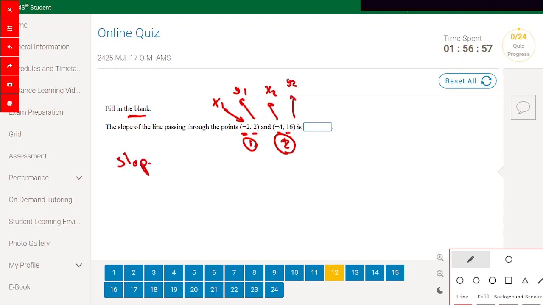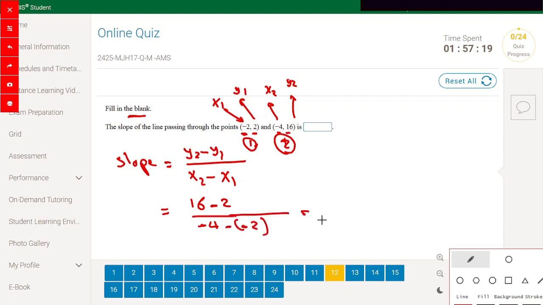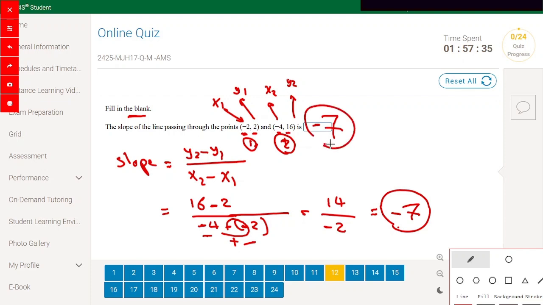So the slope equal to y2 minus y1 divided by x2 minus x1 will be equal to 16 minus 2 divided by minus 4 minus 2. So this one will be 14, and minus 4 minus 2 is minus 6. So it will be equal to minus 7. So the answer here is minus 7.